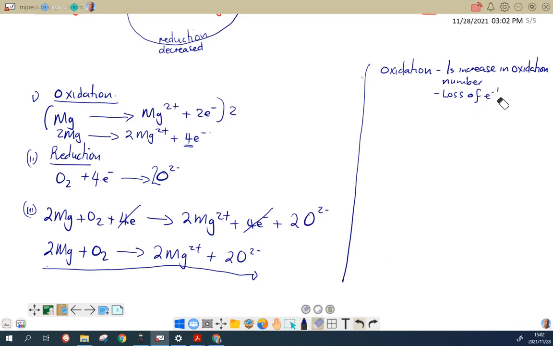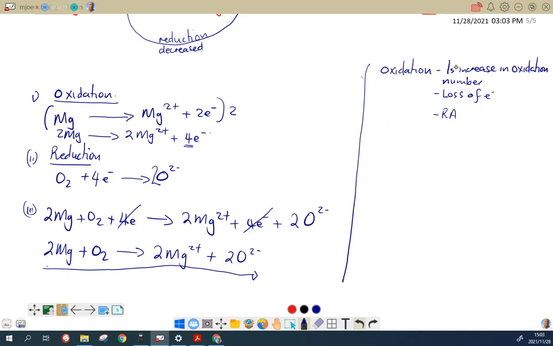The species that undergoes oxidation is the reducing agent. The reducing agent causes the other one to be reduced, and it will undergo oxidation. In this case, your magnesium is going to cause the oxygen to be reduced, and therefore the magnesium is going to suffer an oxidation process.